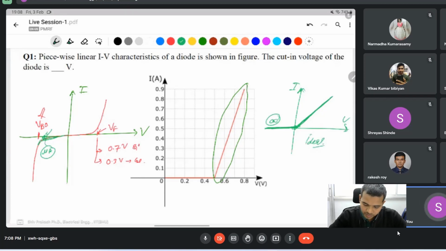The practical characteristic is something like this. It is not a pure linear characteristic. If you observe it, you find some parts are linear, where you use the diode. This is called piecewise linear.